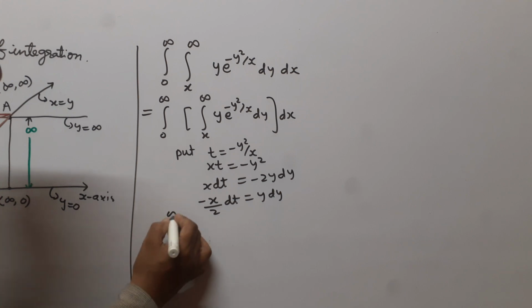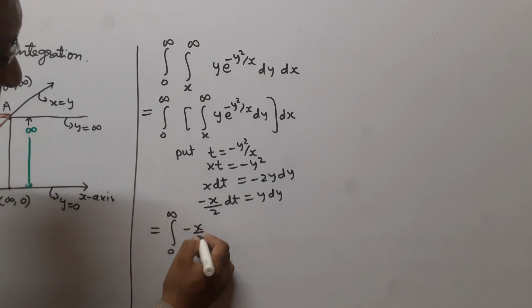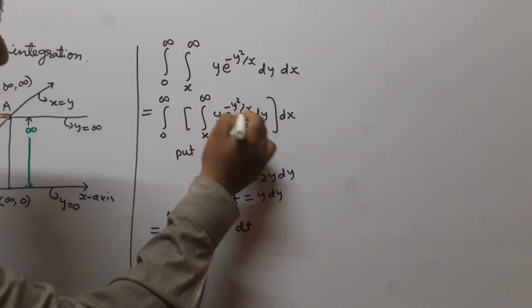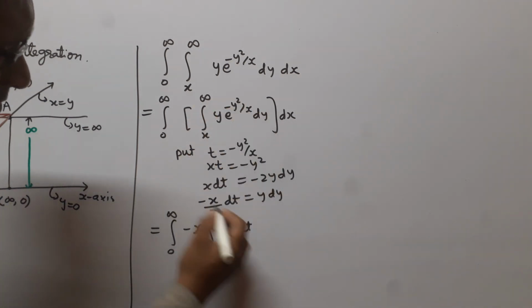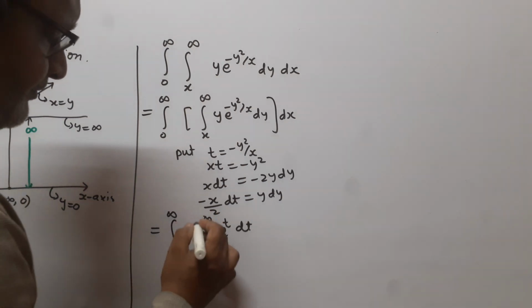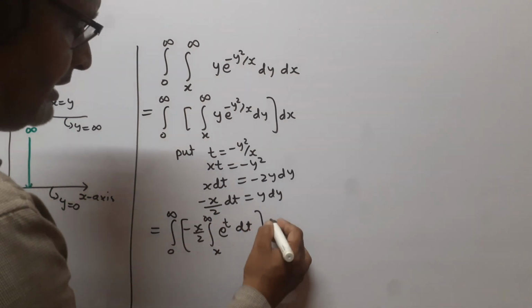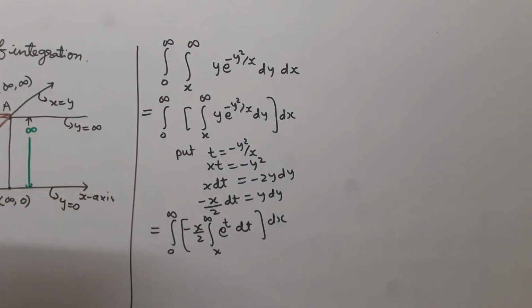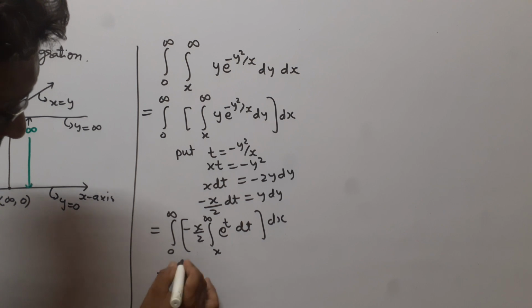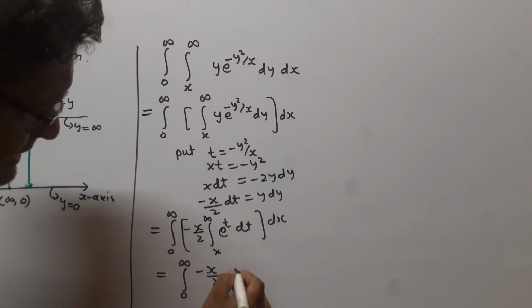So this can be written as minus x upon 2 dt, and in place of minus y square upon x this becomes t, and this limit is x to infinity here, and this is dx. Now integration of e to the power t with respect to t is also e to the power t here.